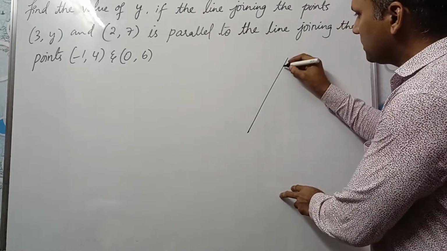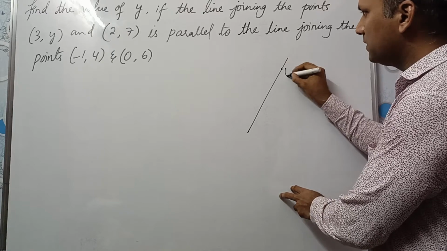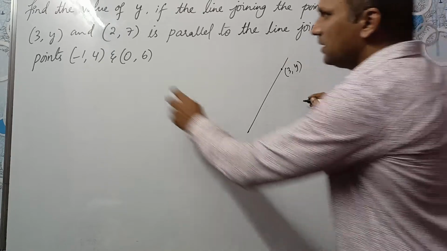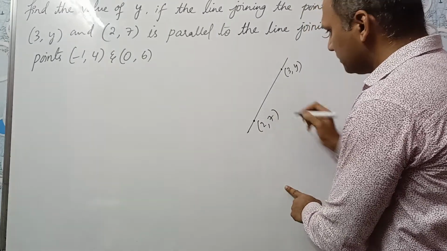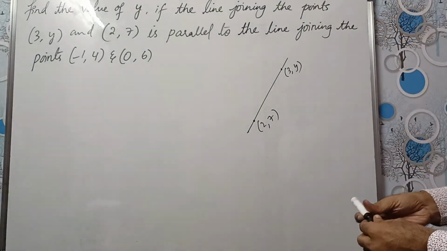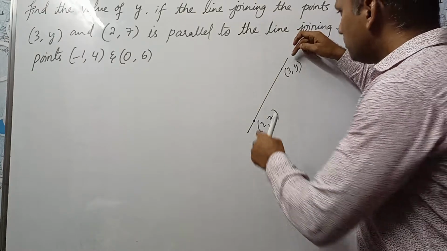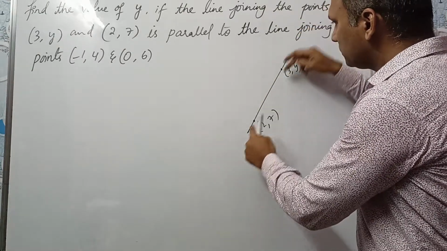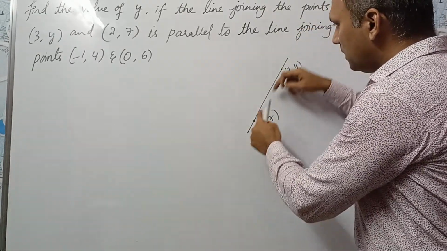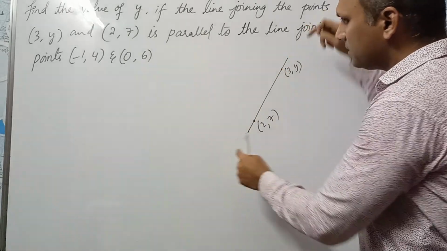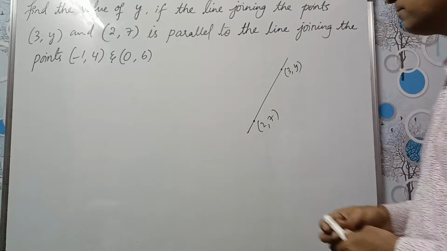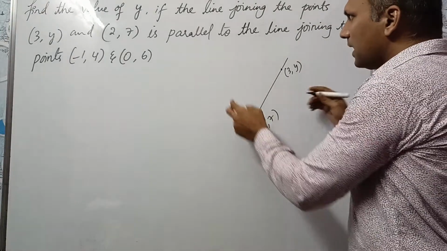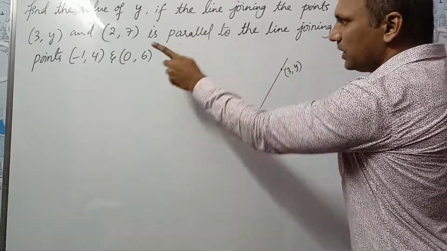Let us say this is the first line and this is 3, y and let us say this is 2, 7. Line is joining these 2 points and it is extending, right? This is the line segment, this much. If you extend, it will be a straight line. And this line is parallel to the line joining the points.